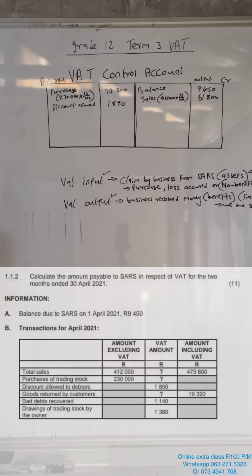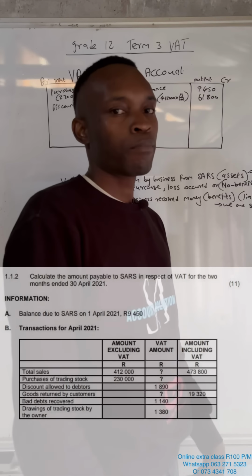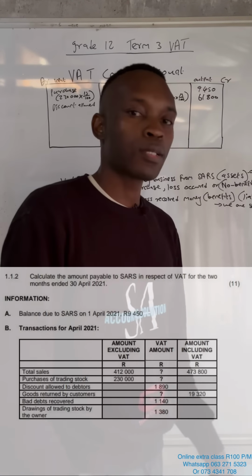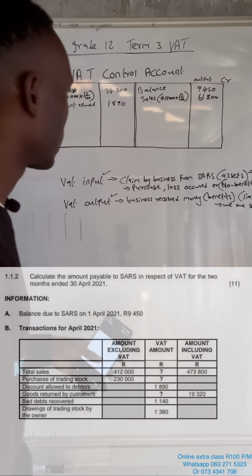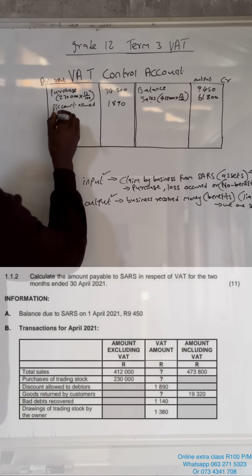Okay, and then the other one, goods returned by the customer. If customer return goods, guys, we are not going to benefit anything because we must give back the money. So which means that nothing is we are going to benefit in this case. Okay, goods return.